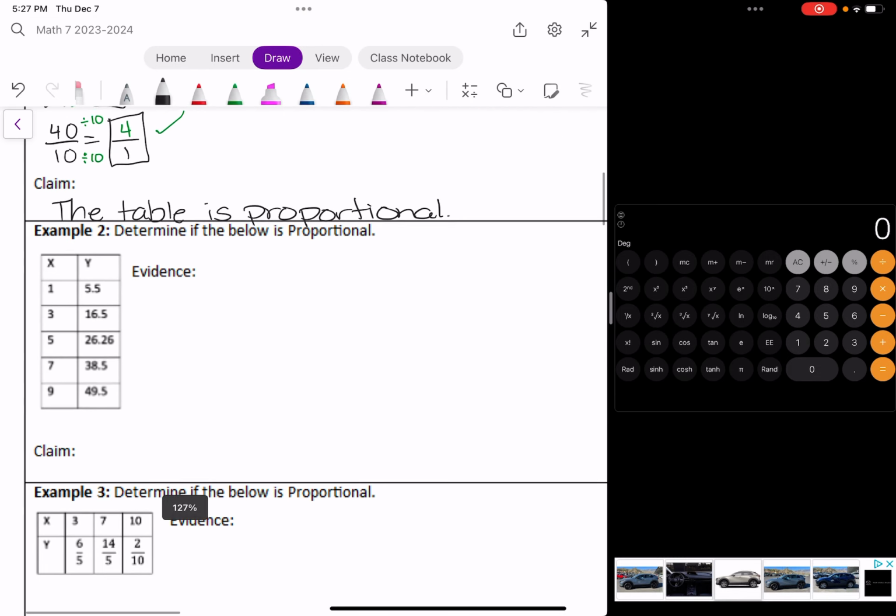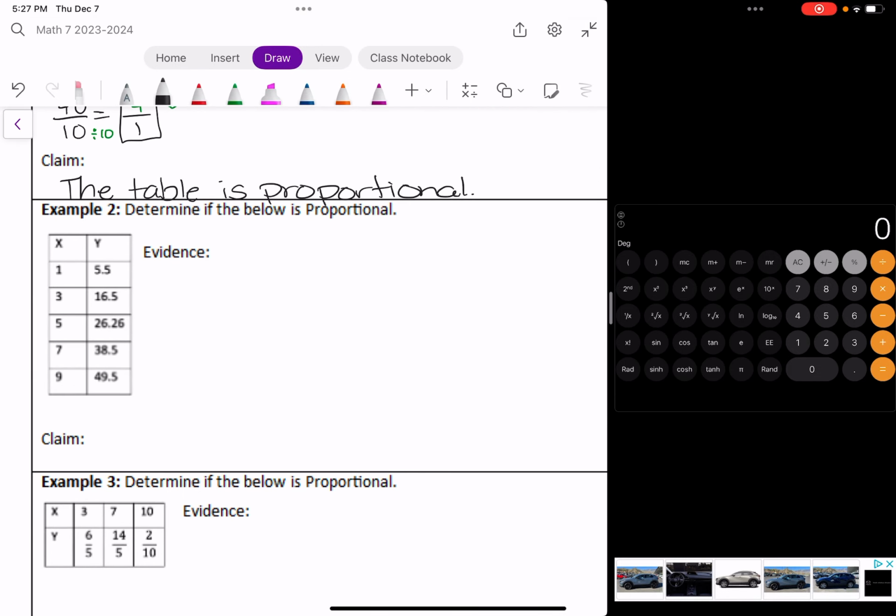We got decimals now. Well, it's going to be the same process. So first, we're going to create our ratios. So first one is 5.5 over 1. Because remember, our y's go on top. And our x's go on the bottom. There you go. Okay. So let's keep going. Next pair is 16.5 over 3. Makes that ratio.